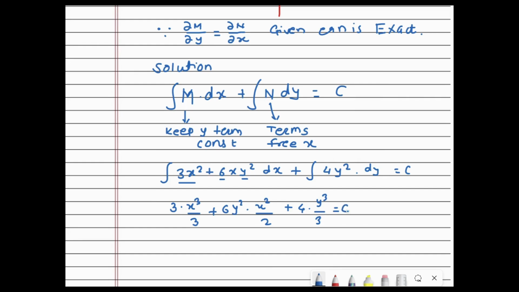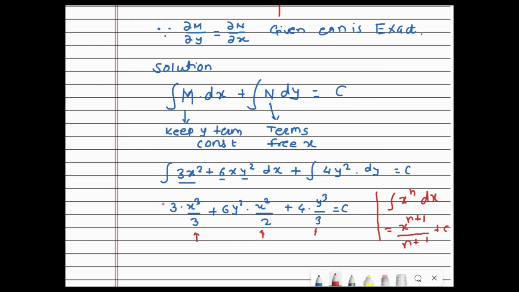Remember here very basic first formula of integration is used, which is integration of x raised to n dx is equal to x raised to n plus 1 upon n plus 1. This is most fundamental and first formula of integration. We have used it here, here and here.